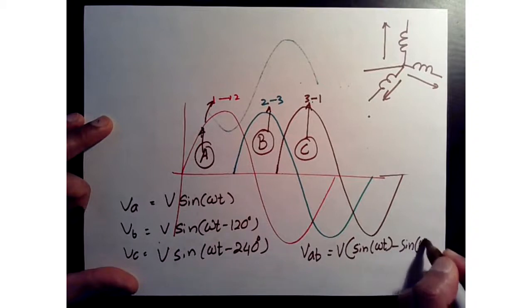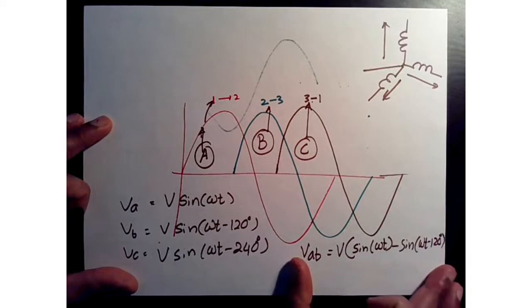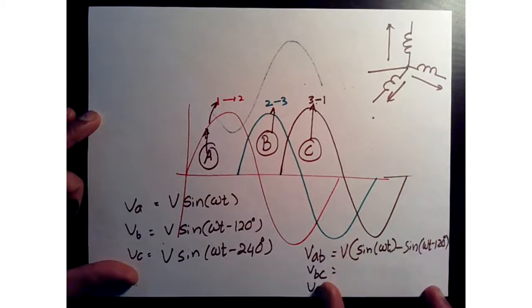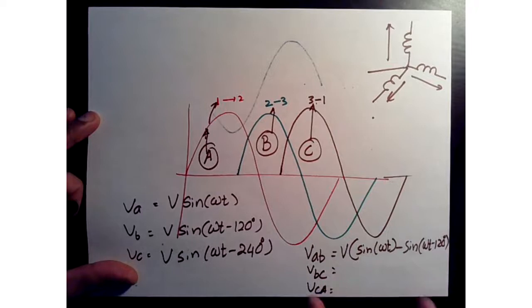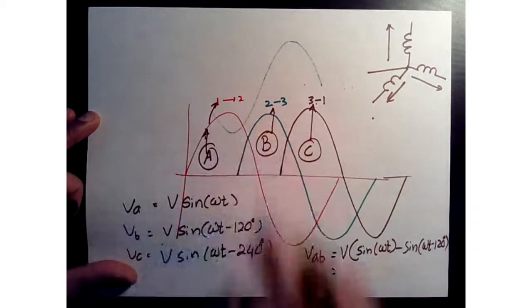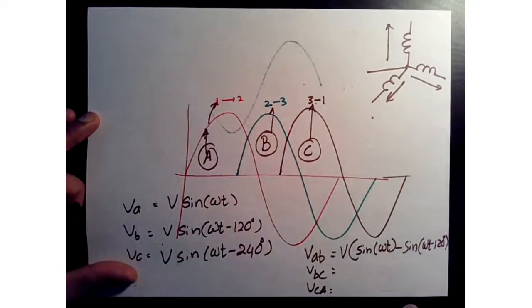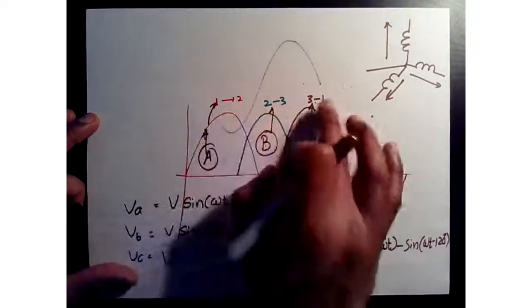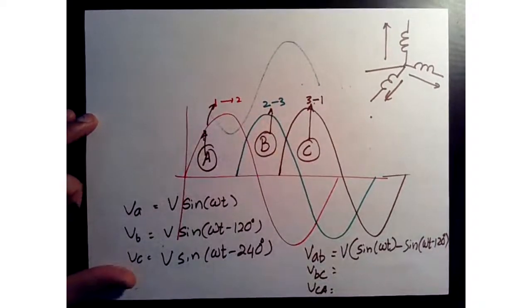Sine omega t minus 120. Now, if you solve for this and look at the phasing of VAB with BC with CA, you will see that all three are again 120 degrees out of phase, which are these line-to-line voltages. So that way, using that line-to-line measurement, now you can establish your phase sequence.